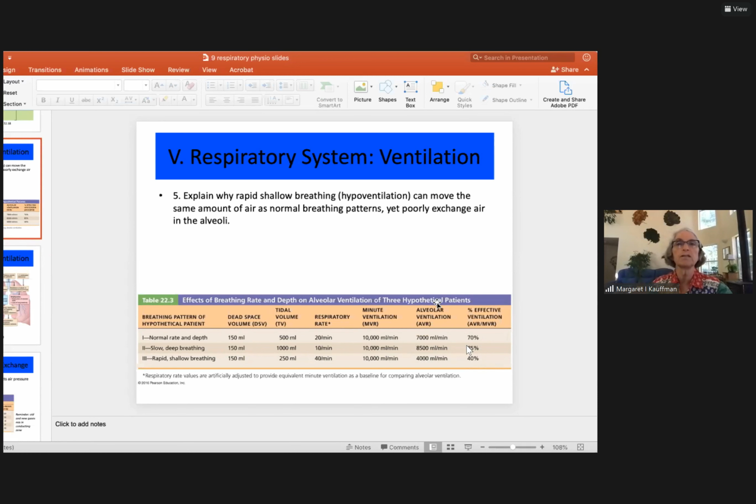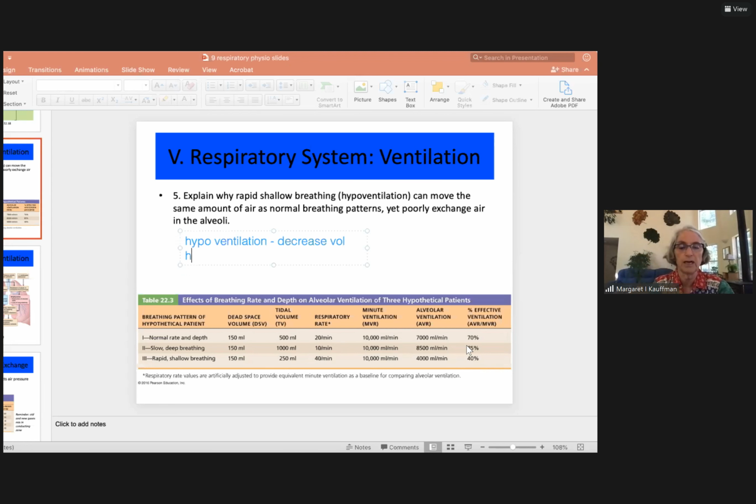Now, one of the things I want to stress, because this is confusing for a lot of students, is if you see hypoventilation, you are talking not about the rate, but a decrease in the volume. It says nothing about the rate. It's only talking about volume.